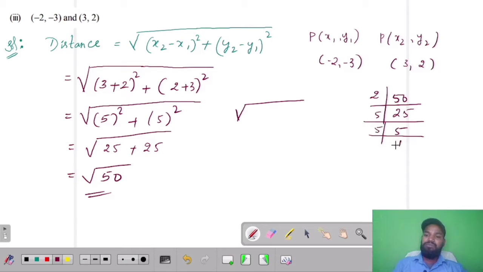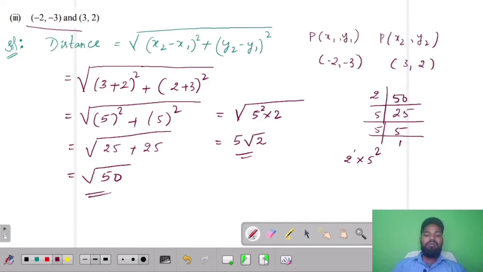So we can write this as 2 power 1 into 5 power 2. Yes or no? Yes. So that is nothing but 5 square into 2. So can I remove the 5 from the root? Yes, I can remove the 5 from the root and write like this. So 5 root 2 is your final answer. This is the solution for the third problem.